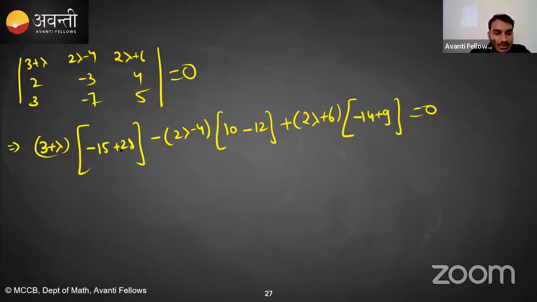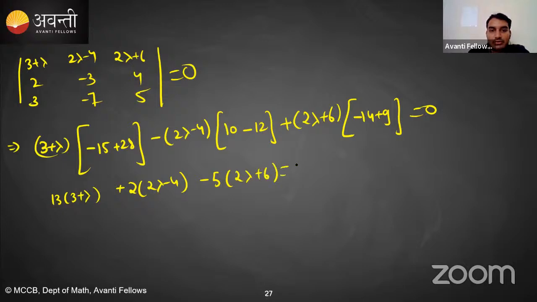What do we get? 13. So 13 into 3 plus lambda. This is minus 2, so minus 2 is outside, into 2 lambda minus 4. This is minus 5, so minus 5 into 2 lambda plus 6. It should be 0.